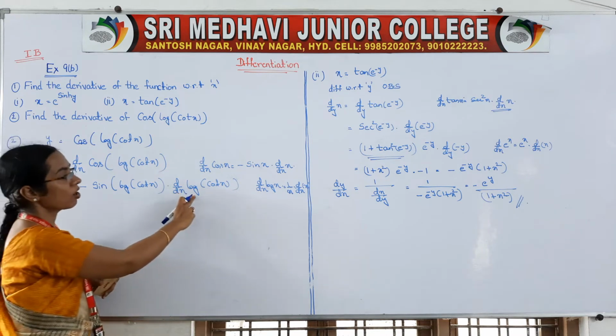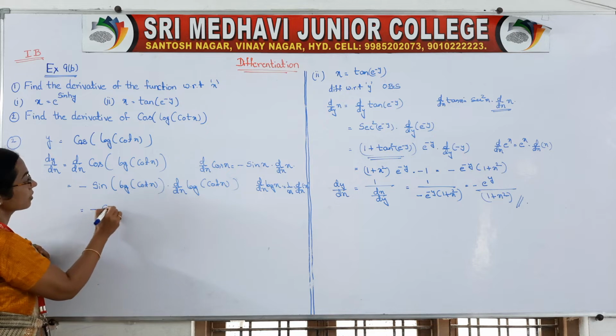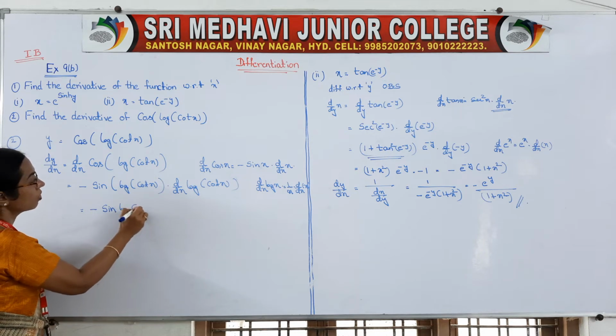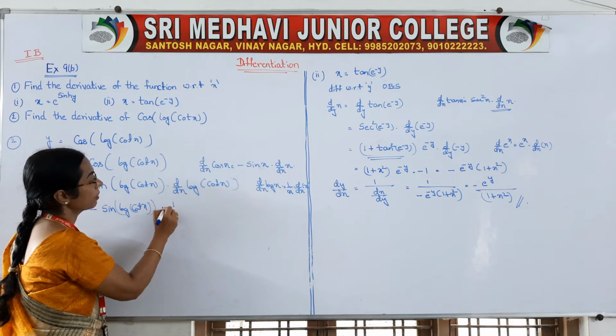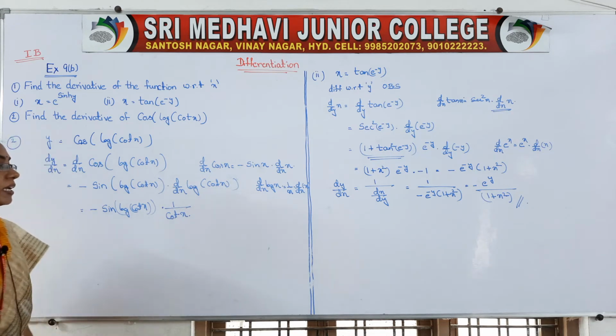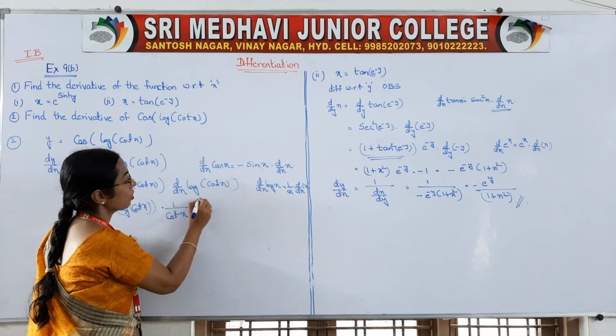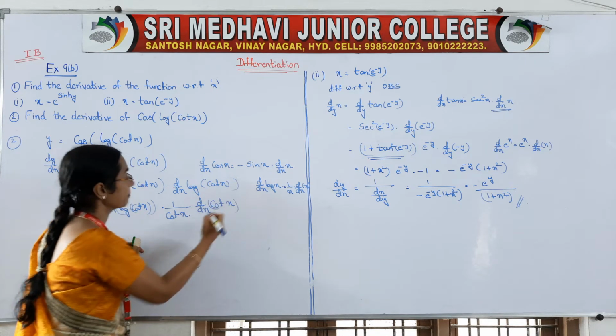Here we are having log of cot x, so it is equal to minus sine of log of cot x into 1 by cot x into d by dx of cot x.